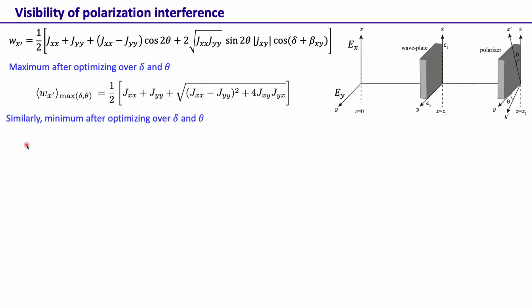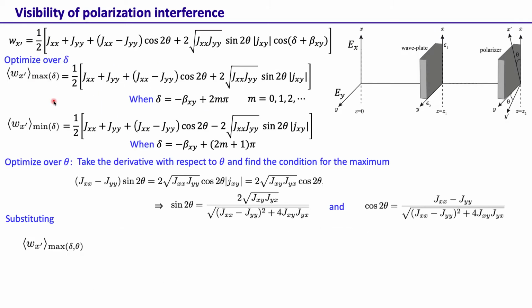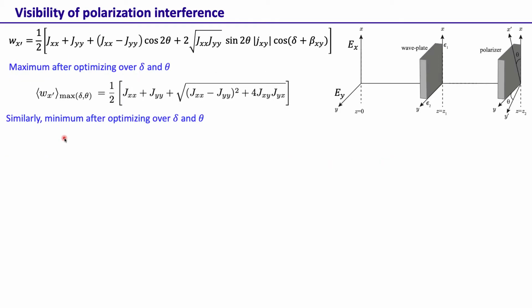Similarly, we can also do the minimization by optimizing over delta and theta, and for that we take the omega x prime expression that we had, take this minimum expression and then minimize it over theta. So if we do that, then the expression we get is Wx prime minimized over both delta and theta is this quantity.